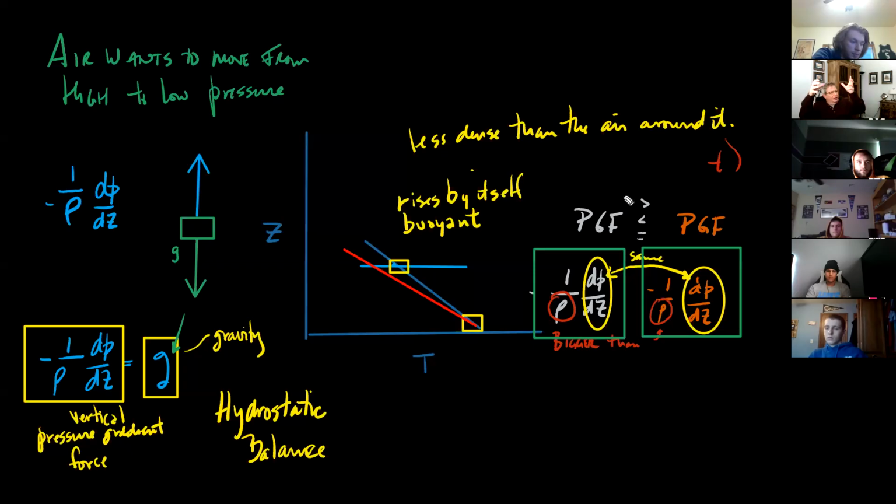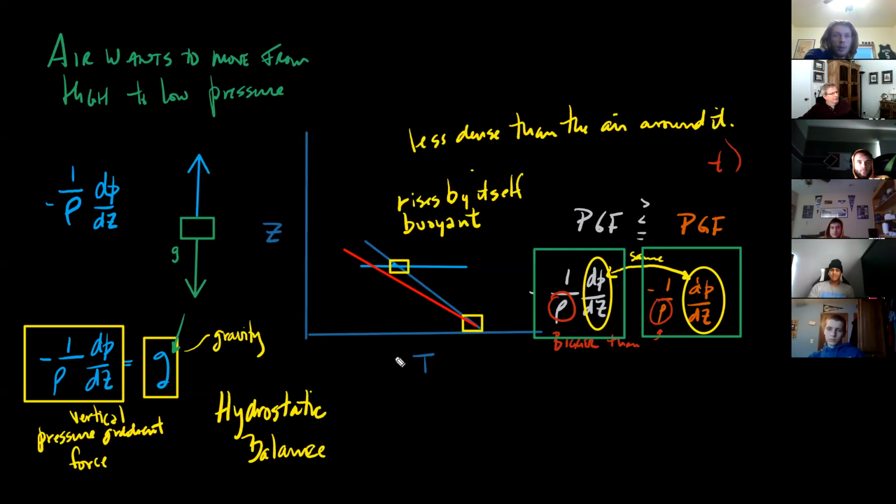So I lift the parcel, in that case, let go of it, and it rises by itself. What's the only thing that changed between the first drawing and the second drawing?